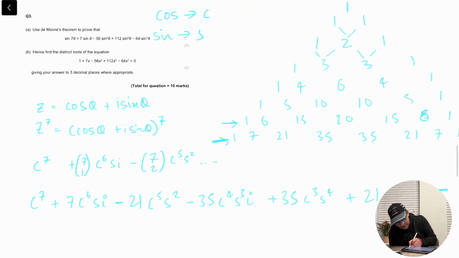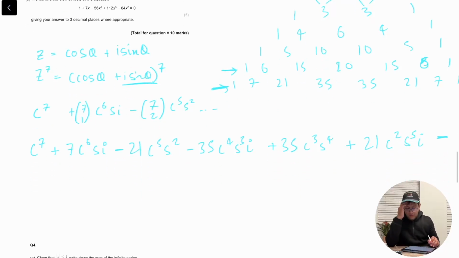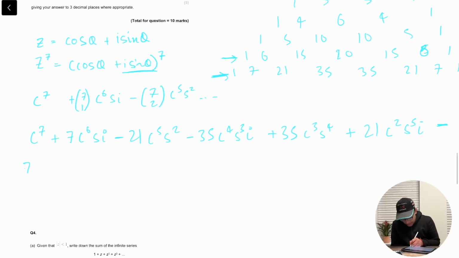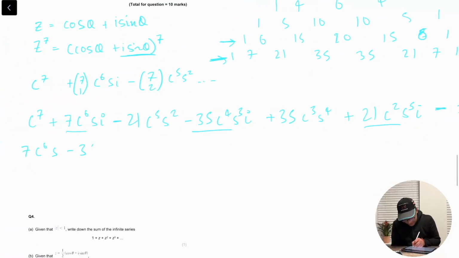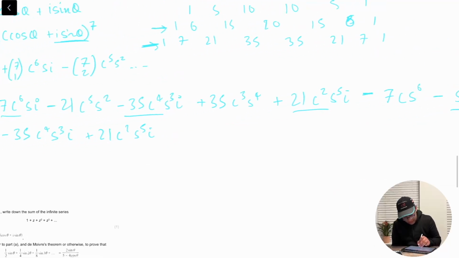So we're looking for what sine is going to be, and if you notice here, sine has an i in front of it, so we only really care about the imaginary part of this. That's going to be 7 cos^6 sine, so this term, this term, this term, and the last term: minus 35 cos^4 sine^3 i plus 21 cos squared sine^5 i minus sine^7 i.